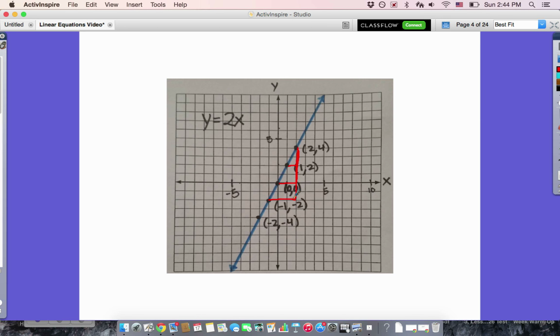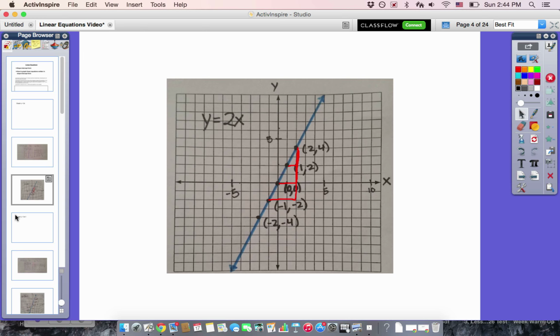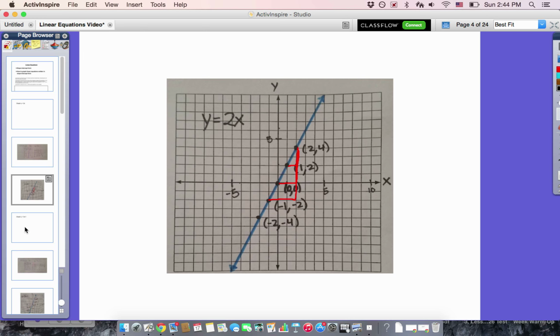Same thing for here: x grows 3, but y grows 6, so that's the same thing as 2. I want you to keep in mind what the slope is for this graph and how that relates to our equation.